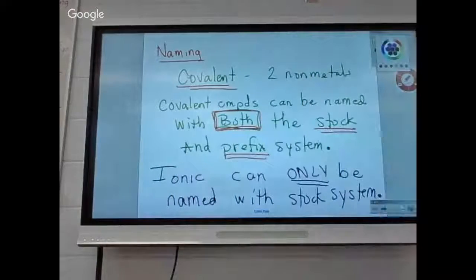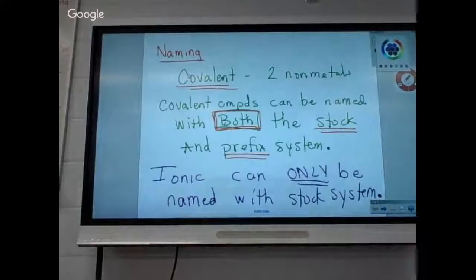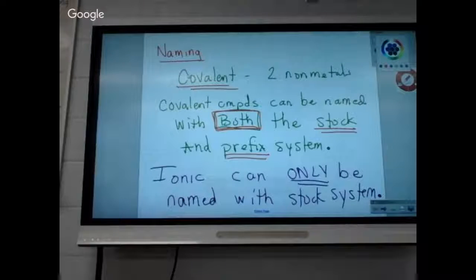That's the downside to what we're talking about. Covalent compounds can be named with both stock and the prefix system, but ionic can only be named with the stock system.